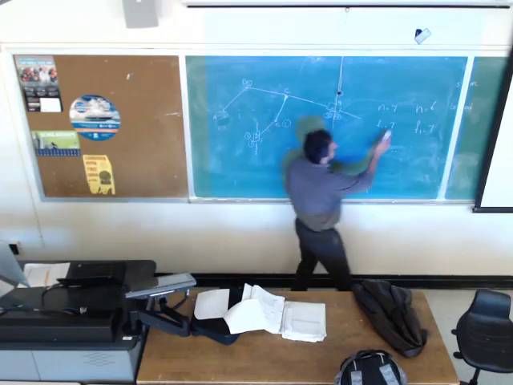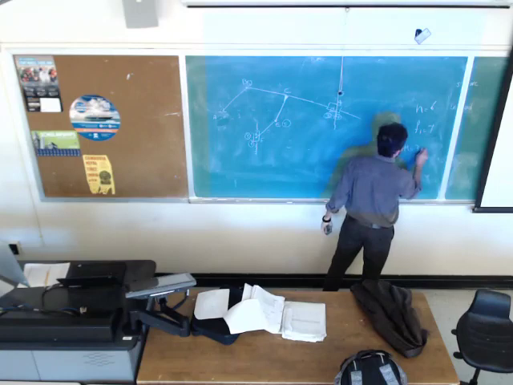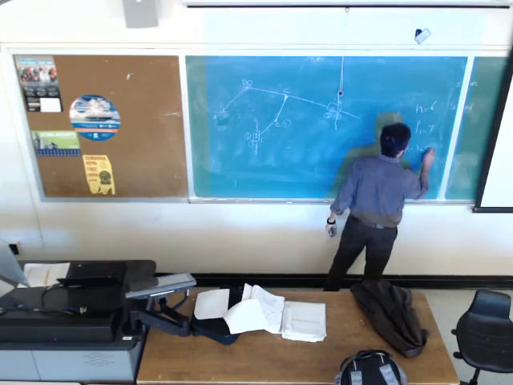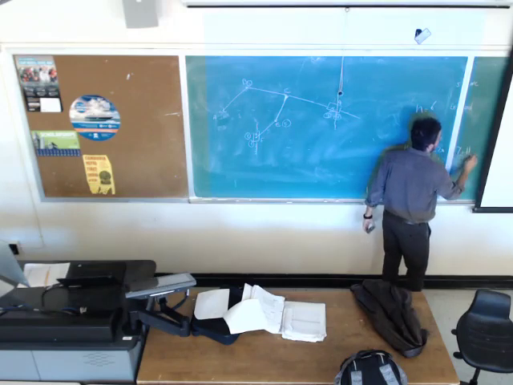So number of links is 6, number of joints is 7. M would be 3 times (6 minus 1) minus 2 times 7. 1 degree of freedom.